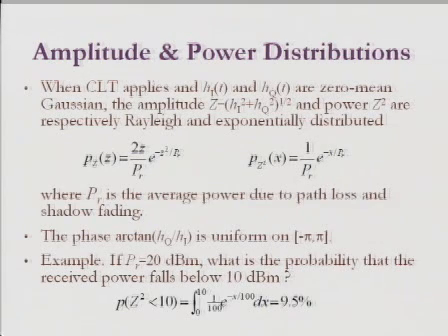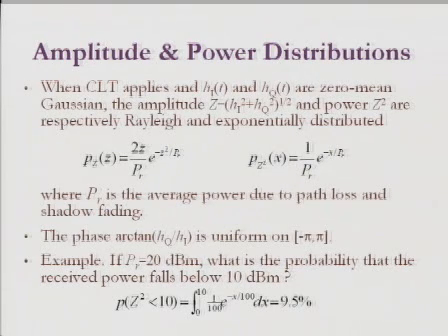This is a very important distribution. We're going to be seeing it very often because, thanks to the central limit theorem, it is often true in practice that these processes are close to Gaussian, and so the amplitude is close to Rayleigh.